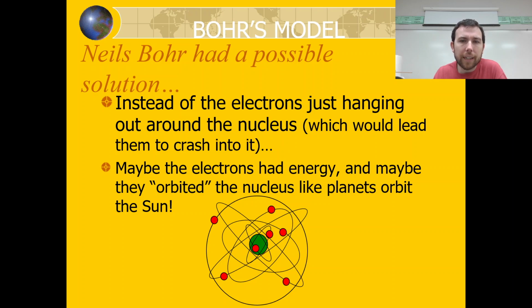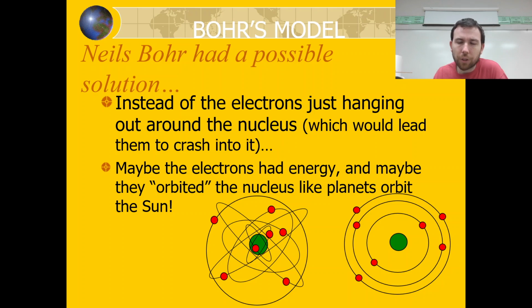And so then you get your planetary model, which you probably saw in like Jimmy Neutron or something like that. Now, with the Bohr model of the atom, a lot of very useful information can be gleaned from it that we use even today. So let's take a look at those things.